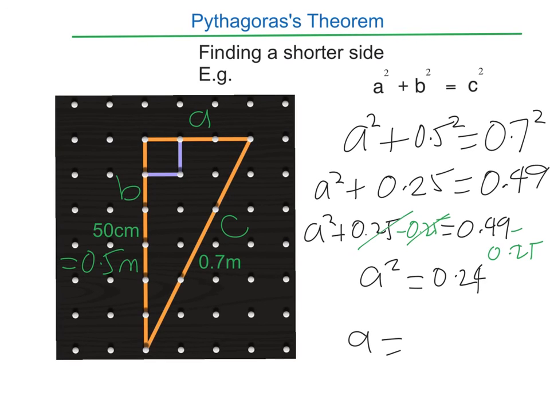To work out what A is, I need to get rid of the squared sign, so I square root both sides, and the square and the square root cancel each other out because they're inverses, and A ends up being the square root of 0.24, which is about 0.49 metres. So I've worked out that this side up here is 0.49 metres long.